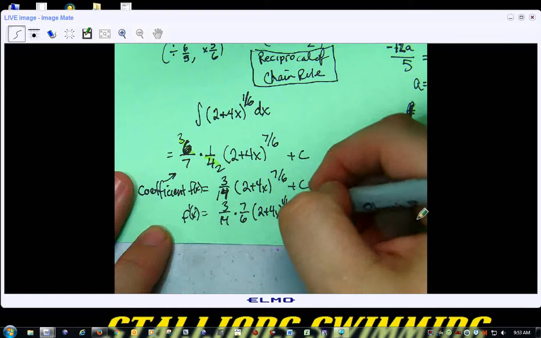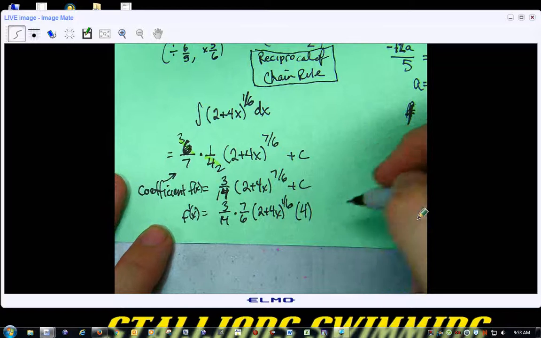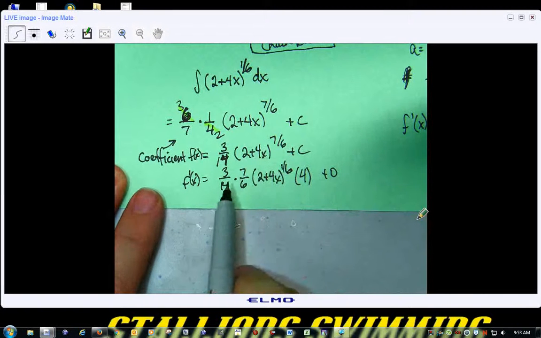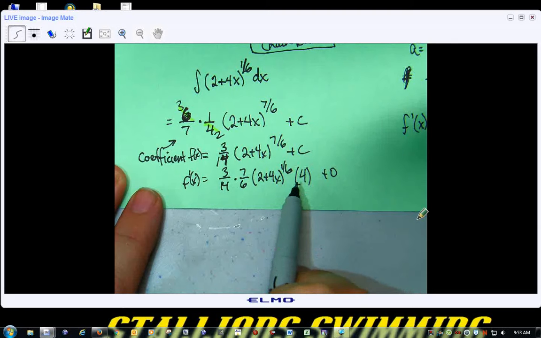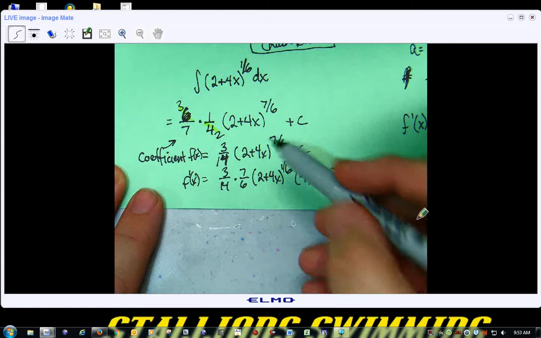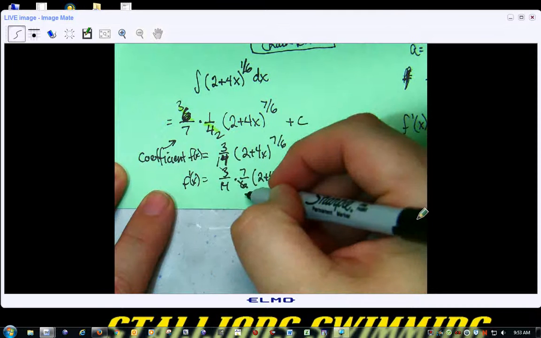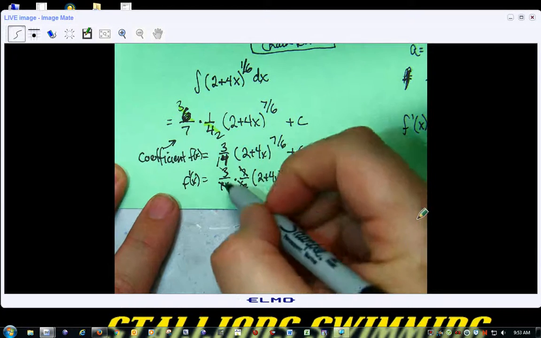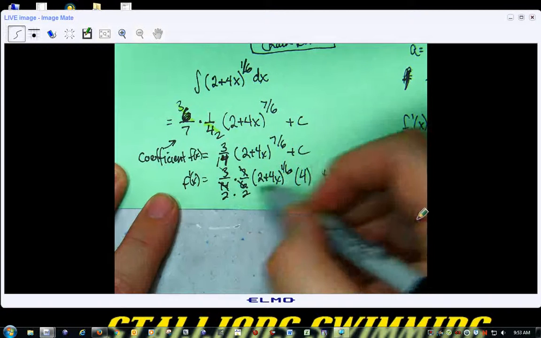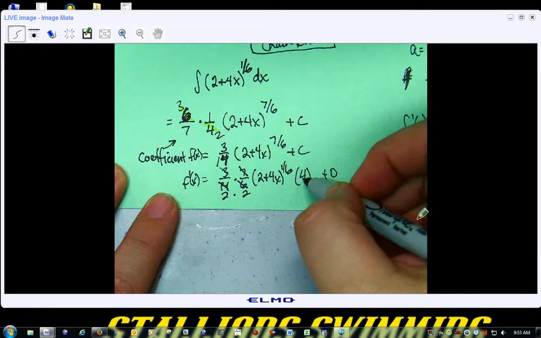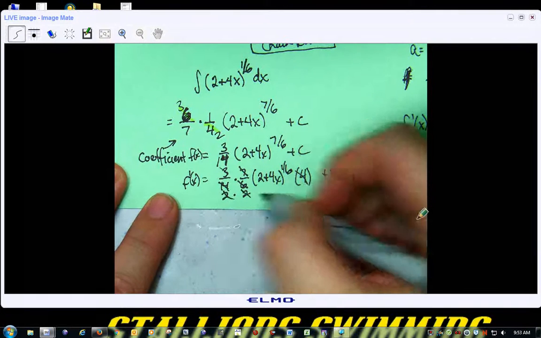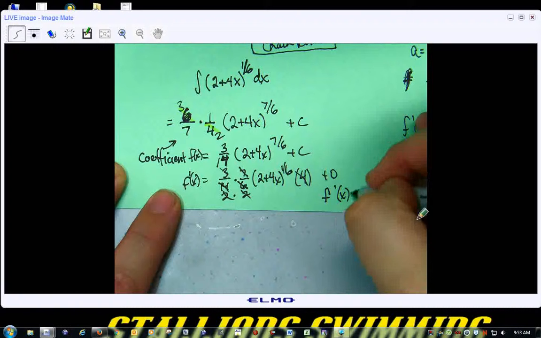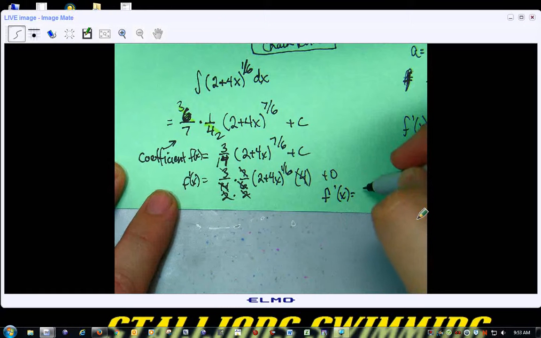Now, does 3/14 times 7/6 times 4 equal 1? Well, 3 goes into 6 2 times. 7 goes into 14 2 times. So 2 times 2 is 4, but there's a 4 there. They cancel each other out. So that whole thing cancels out. We're left with f prime of x equal to 2 plus 4x to the 1/6. Isn't that what we wanted?